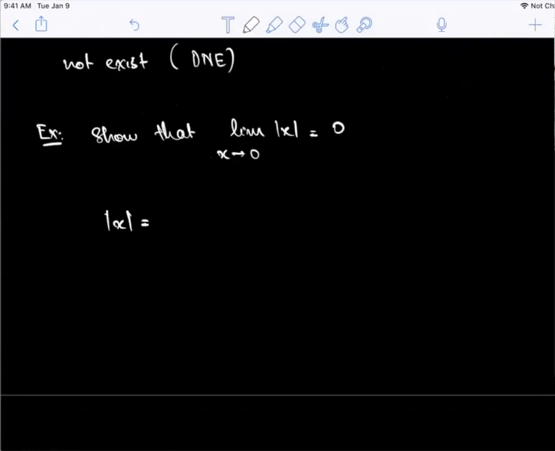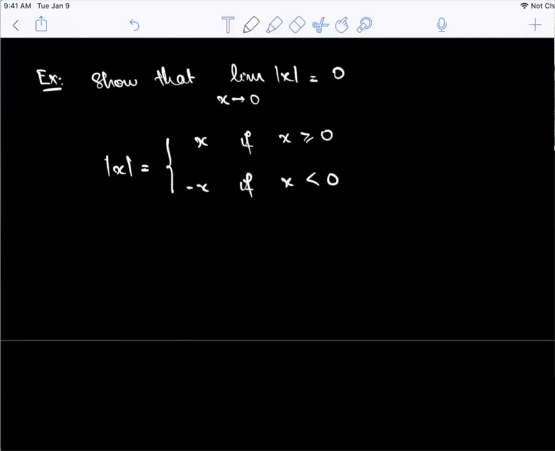So for the absolute value function, there are two parts to different functions. You have positive x, right? The absolute value of x is equal to x if x is greater than or equal to 0, and is equal to negative x if x is less than 0.